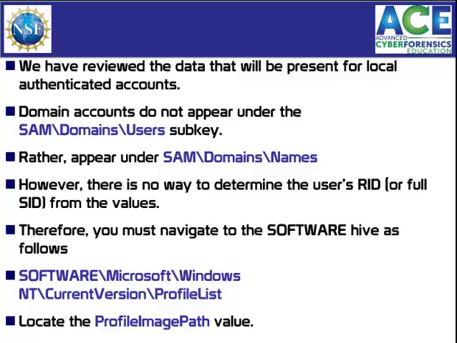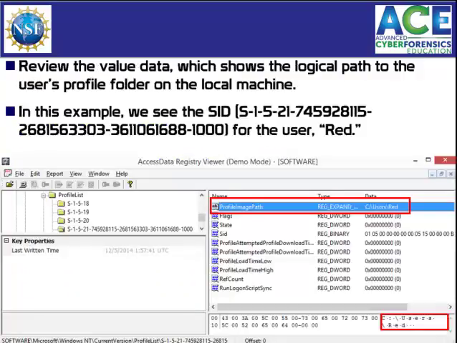In the ProfileList subkey, you'll find the value name ProfileImagePath. When you look in the ProfileImagePath, you'll see that the username is displayed in the value data, which in this case is C:\Users\Red. So it gives you a fully qualified path to that particular user.